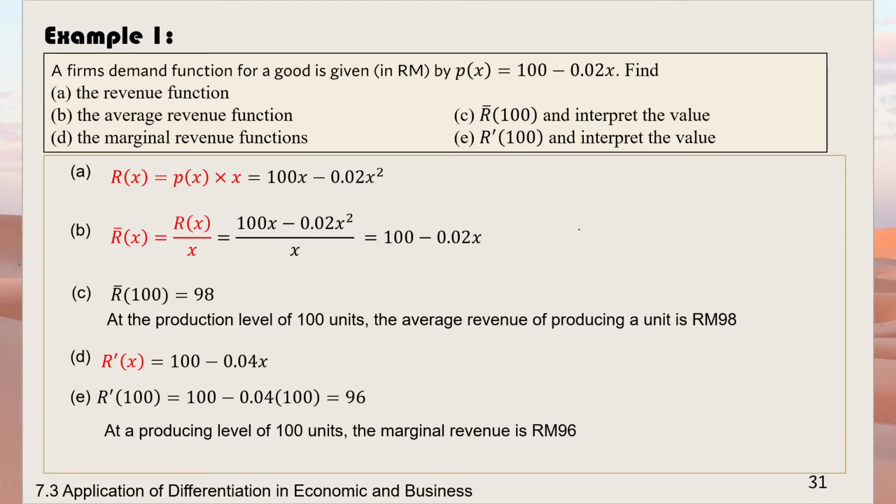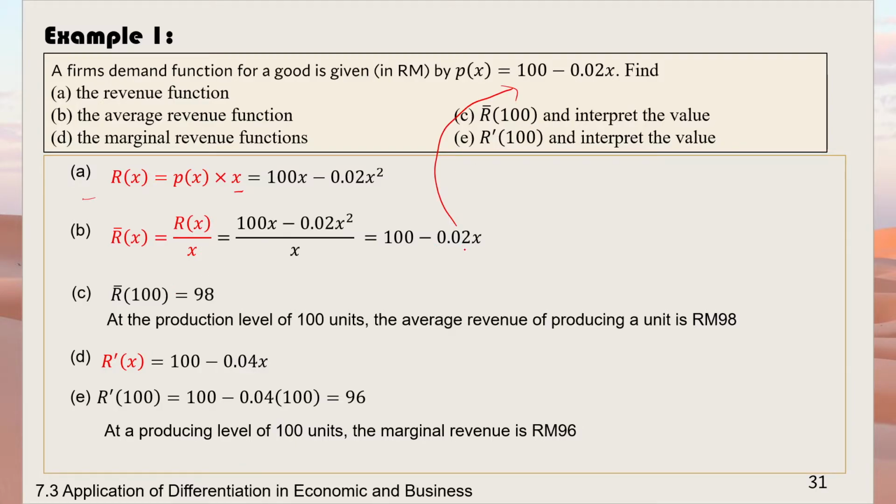Okay, so from the formula given, Rx equals to Px times x. So you multiply with your x. So you got 100x minus 0.02x squared. And then the second question asks you average. So you just divide your revenue with x. And they ask you to calculate the average for 100.